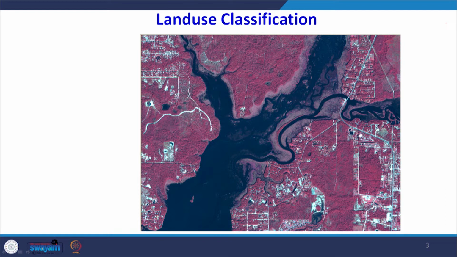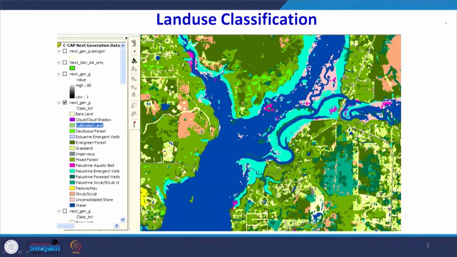Apart from that, there are linear features and a pattern indicating the habitated area. So, this has to be classified. This is a digital image. When we classify this particular image, we get something like this output.